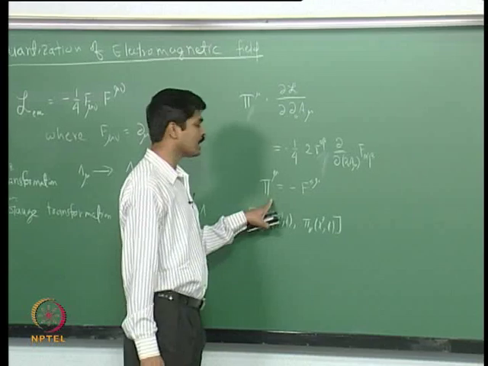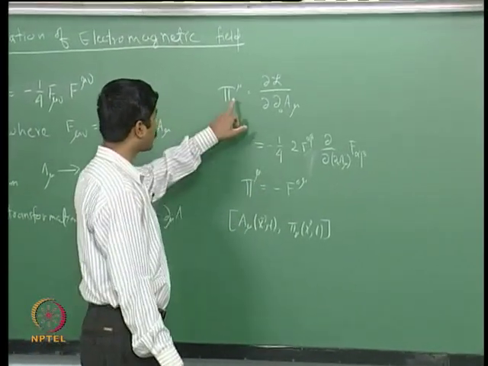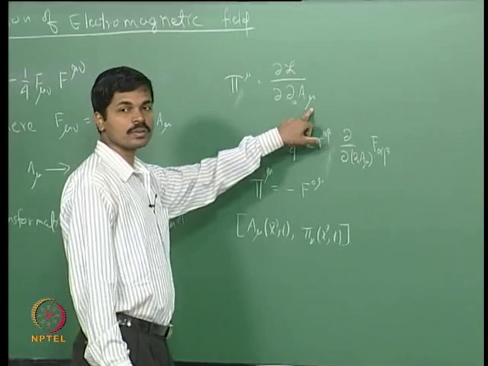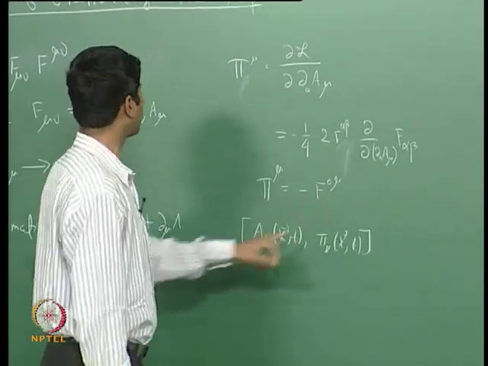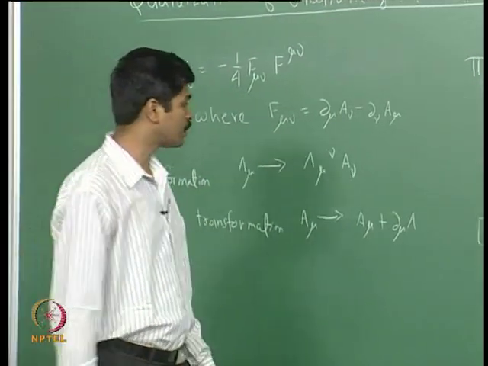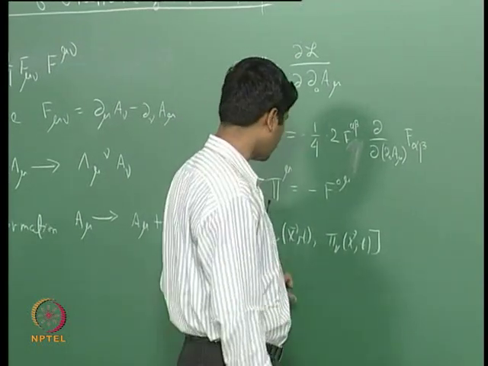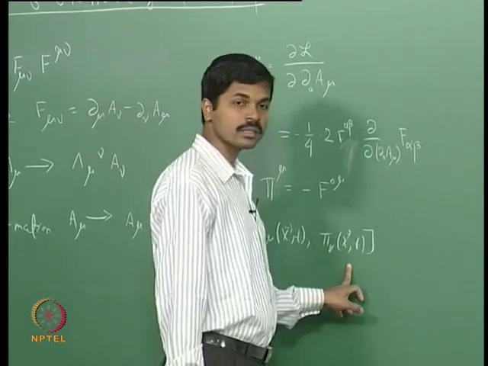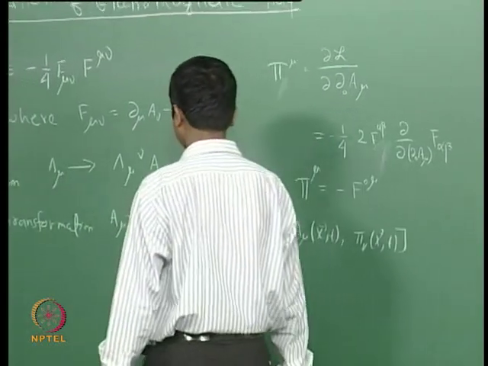If you consider pi 0, the conjugate variable to the field A 0, then because of antisymmetry of F mu nu, pi 0 vanishes. Therefore, you have a difficulty in considering the commutation relation here, because one of the conjugate momenta actually vanishes.